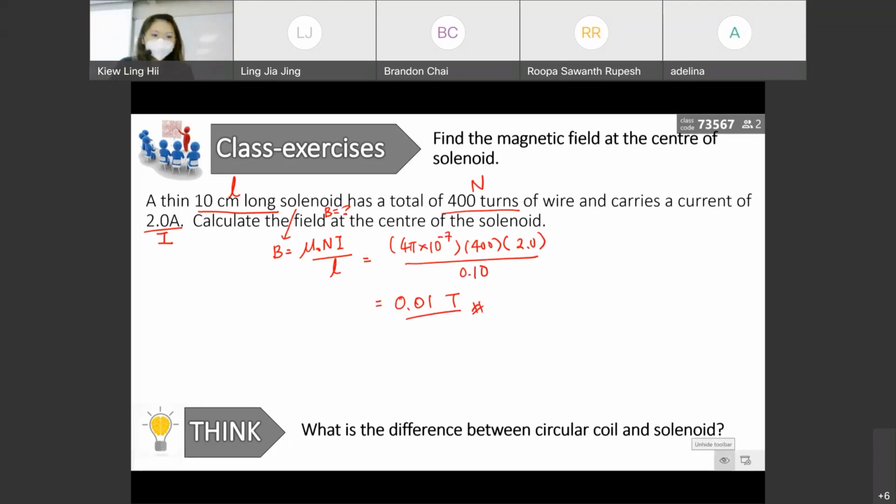Okay, something for you to think about again. What is the difference between a circular coil and a solenoid? Just now both of them were wrapped into circles, but what is the difference? Let's say you want to do a project and you coil your wire, how do you know which formula you should use, the circular coil or the solenoid?